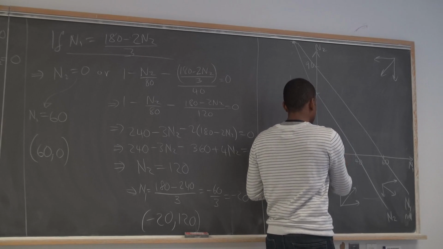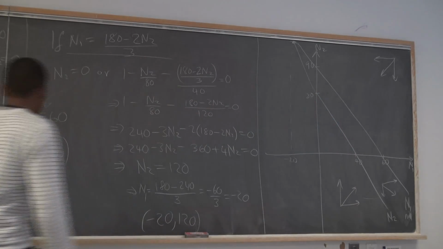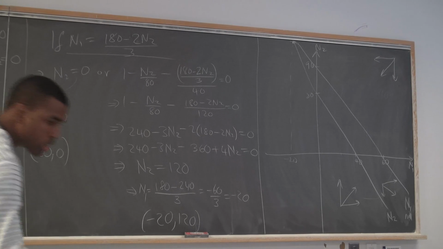But then, you can always check in your calculator just to be sure. All you have to do is plug in 30 and 40 into the N2 null cline. Which one is 30 and which one is 40?